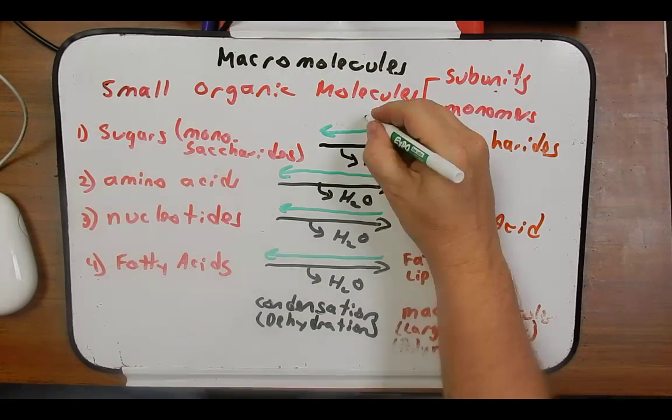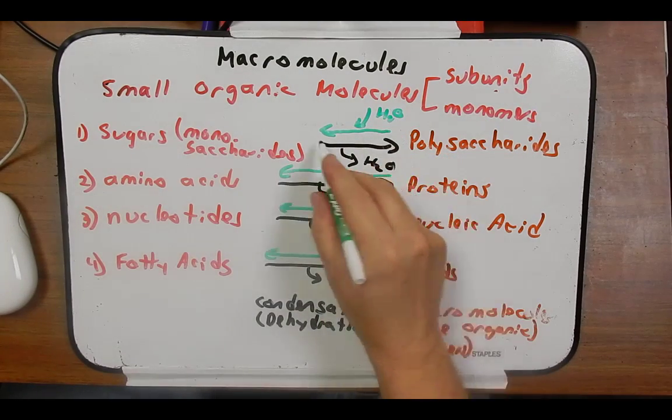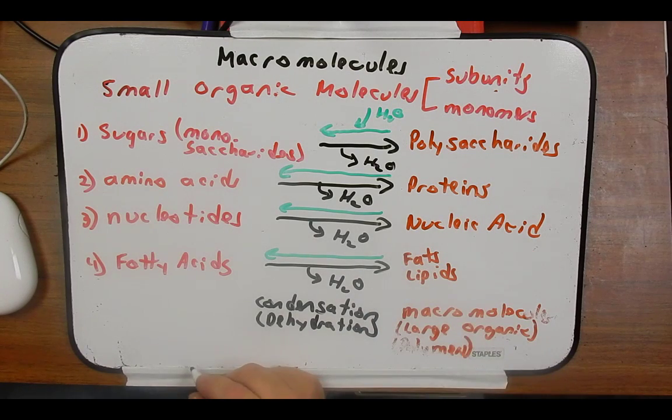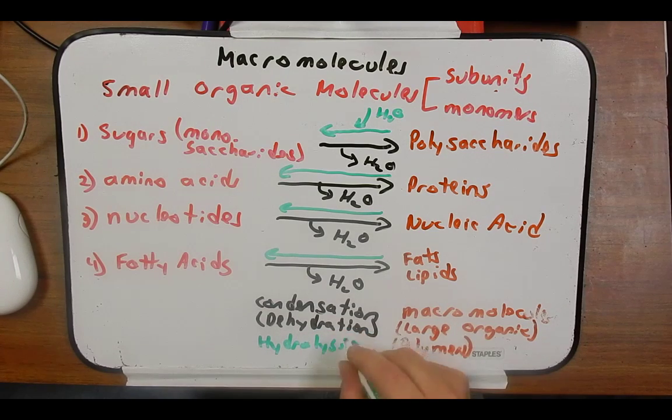And in doing so, water is required for these reactions. And these, on the green arrow, that require water to break down the larger macromolecules, these reactions are called hydrolysis reactions because they break down water in the process.